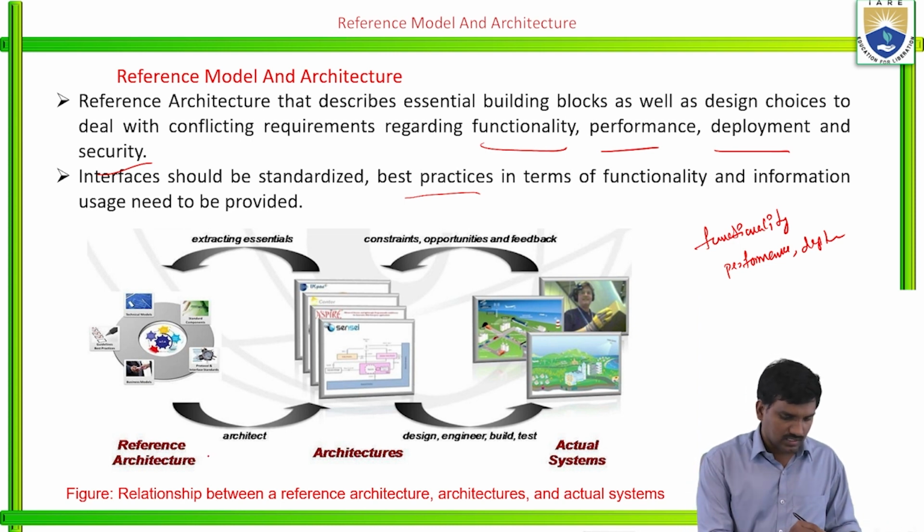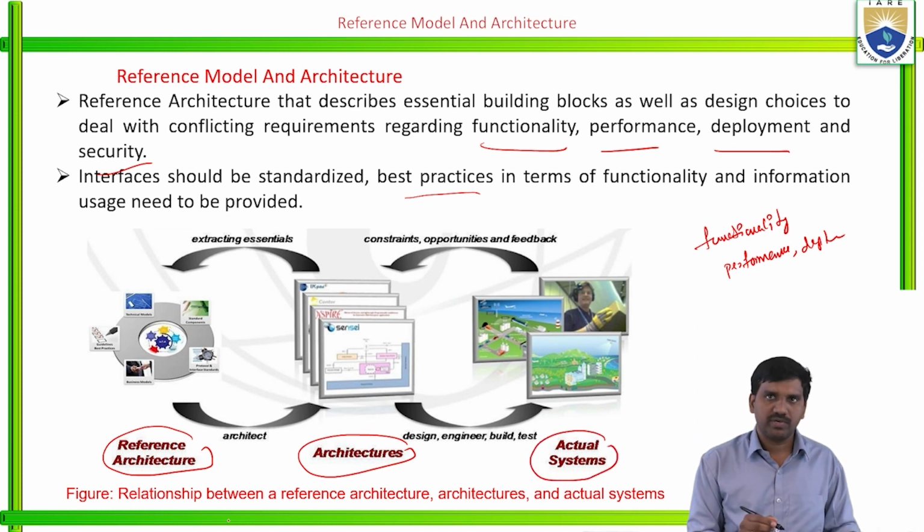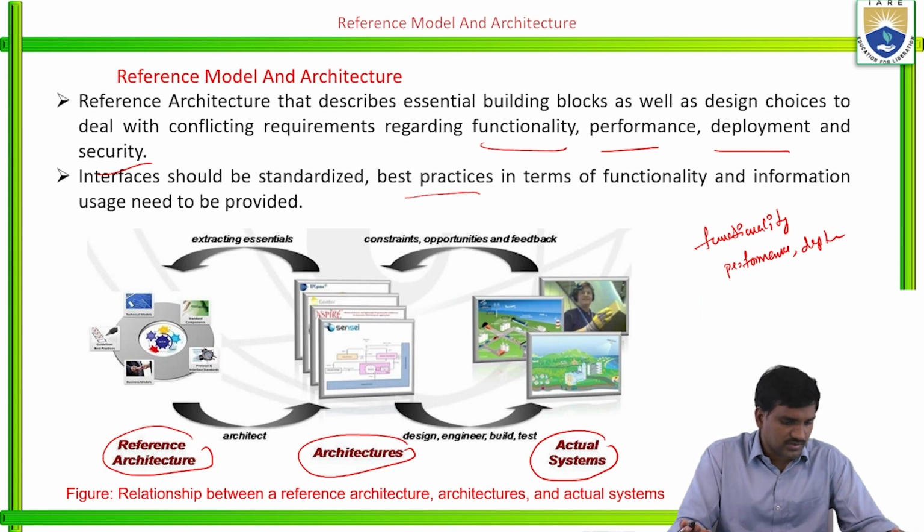Here, this is under reference architecture, and these are architectures under actual systems. The figure denotes the relationship between a reference architecture and an actual system. What is a reference architecture?